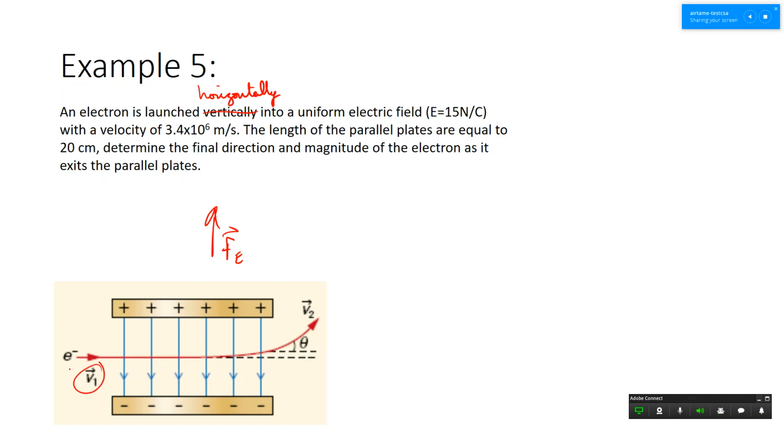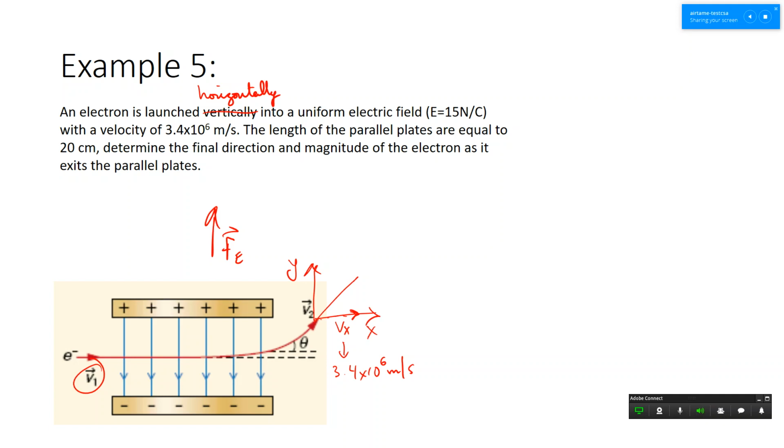So if I have some velocity here, v1, and I want to find out what my total velocity is at the end, this is going to be my y and this is going to be my x. This component, vx, is not going to change. It's always going to be 3.4 times 10 to the 6. Remember, that's one of Newton's laws, that it won't change unless there's an external force acting on it. There's no force acting on it, therefore my velocity doesn't change.